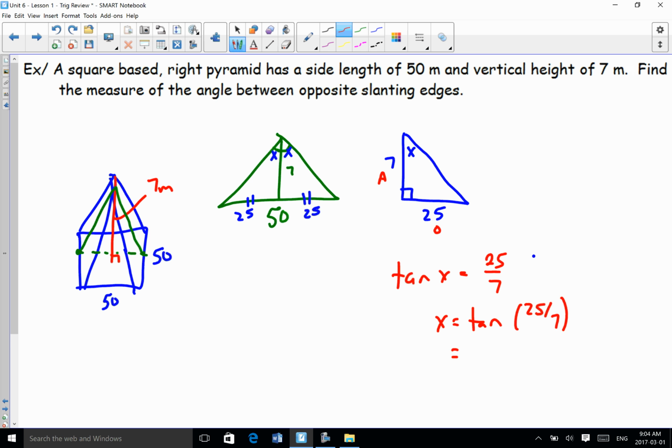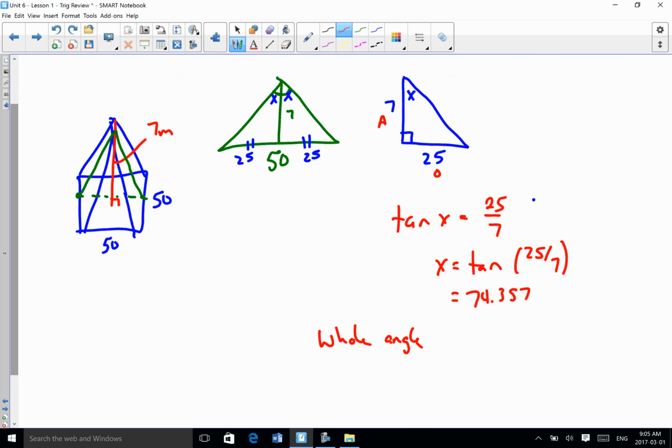Into my calculator I go, and I get 74.357. Okay, so the whole angle is going to be 2 of those. In other words, 2 times 74.357, and that gives us approximately 148.71, or if I go to 3 sig figs, 149 degrees.